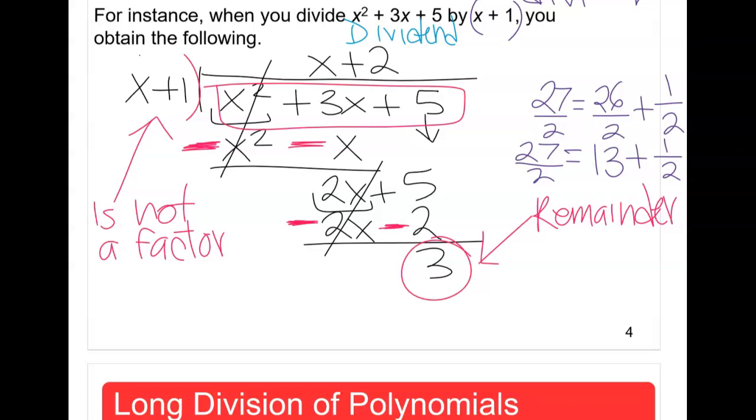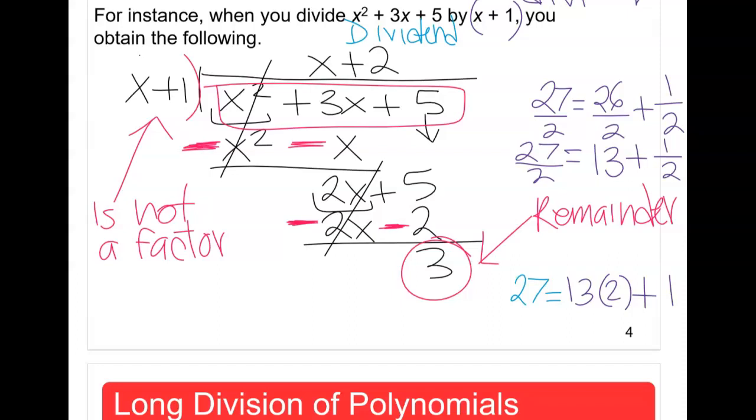That's a way to write 27 halves. Or we could also write it this way. 27 is equal to the product of 13 times 2, right? That will be 26 plus 1.